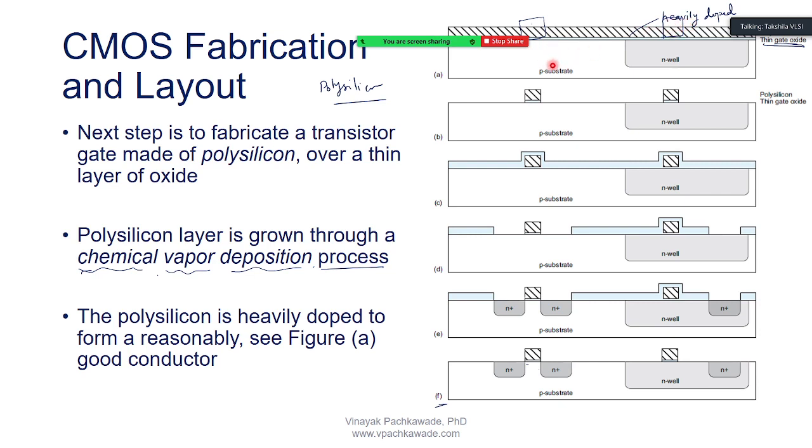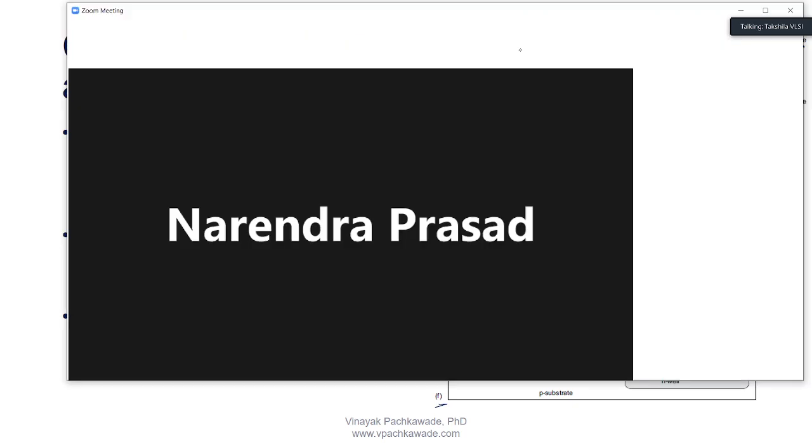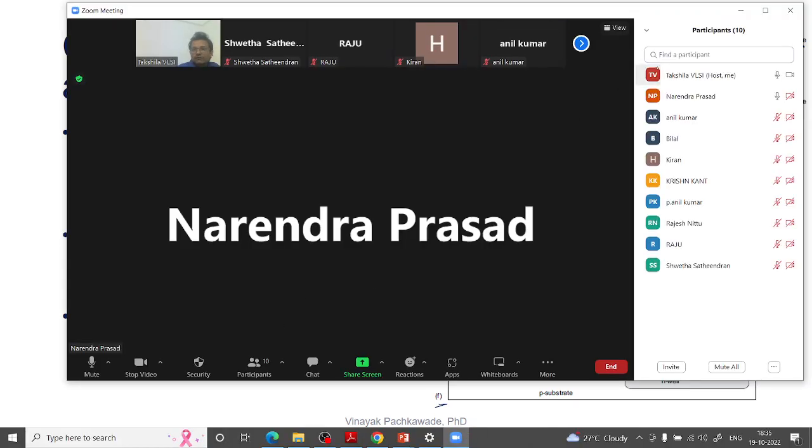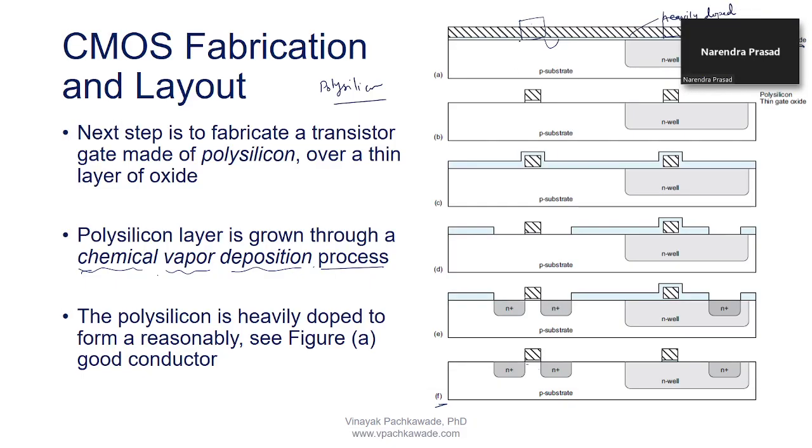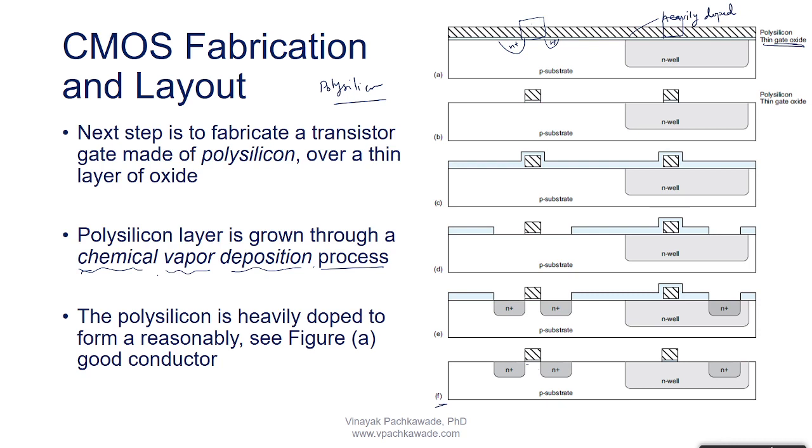Why? Because in the P substrate, once I have the poly mask, I am going to have N plus and N plus. So I will fabricate my transistor, right?